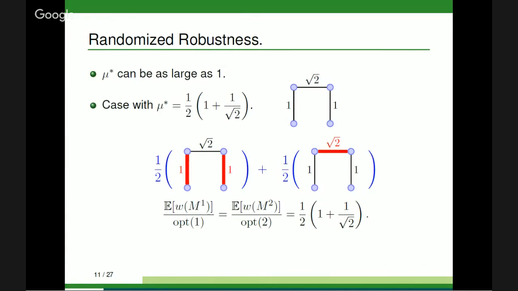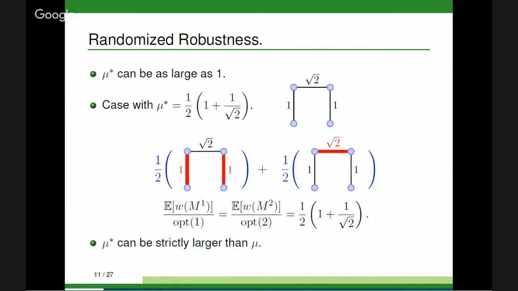This number is better than 1 over square root of 2. So in this particular graph, I've shown you that mu star can be strictly larger than mu, because for this graph, mu was 1 over square root of 2.